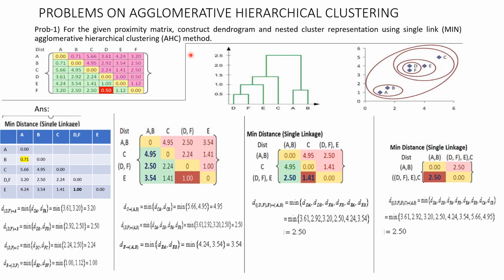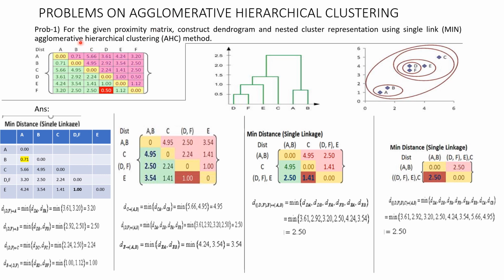Okay, let us start with the problems. The first problem is: the agglomerative clustering matrix is given. In this matrix you are supposed to find how the 6 points A, B, C, D, E, F are clustered using the single link or min method of agglomerative hierarchical clustering. So I hope you understood the basic objective.